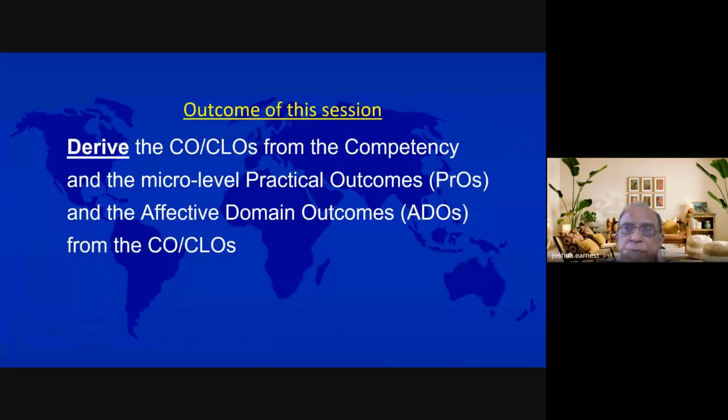The outcome of this session is to derive the COs or CLOs from the competency, and the micro level practical outcomes and affective domain outcomes from the COs and CLOs.